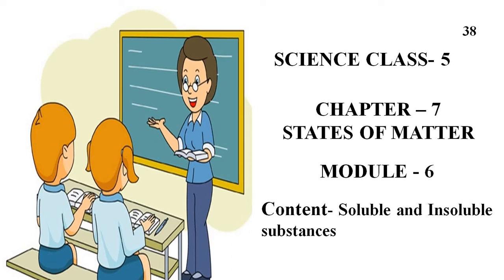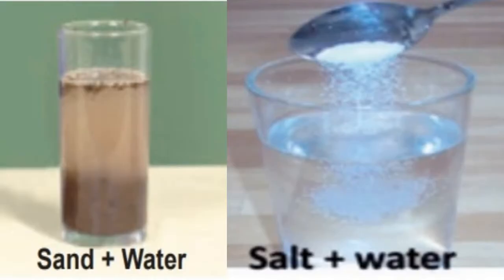Hello children, today in this video we are going to learn about soluble and insoluble substances. Have you ever seen that something that we mix with water disappears while something does not?